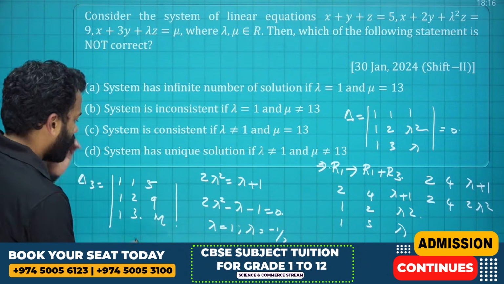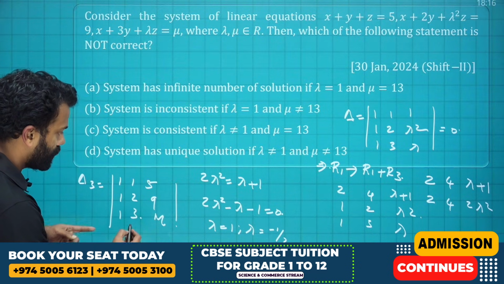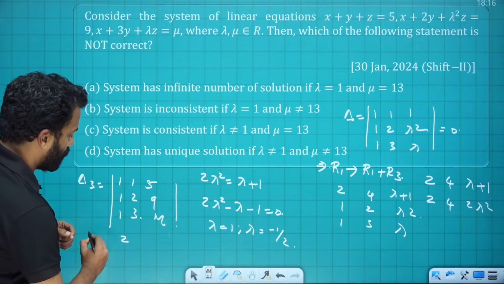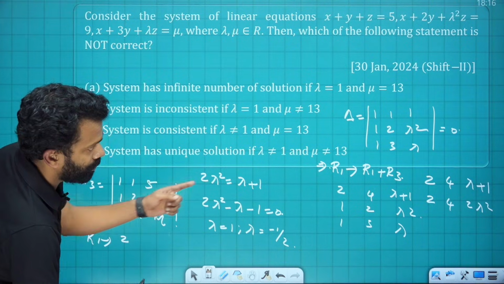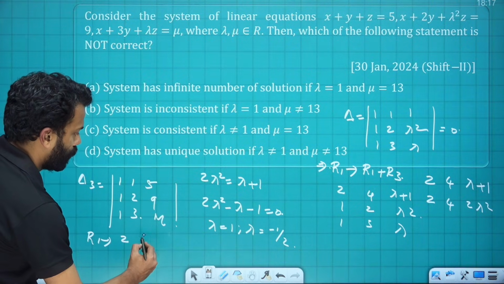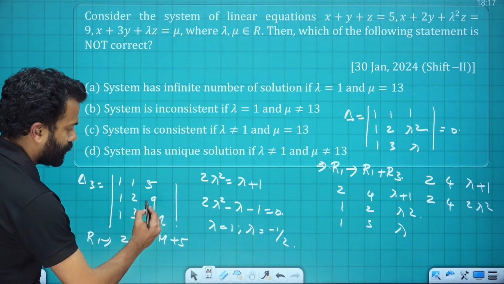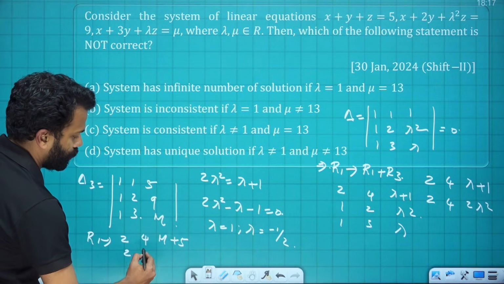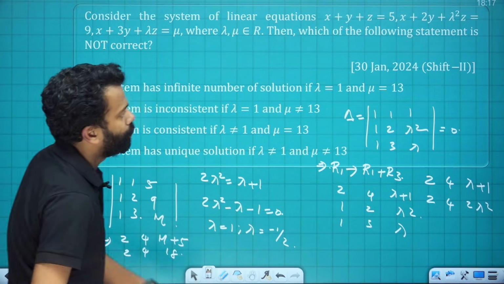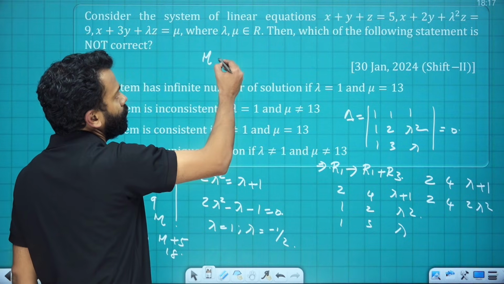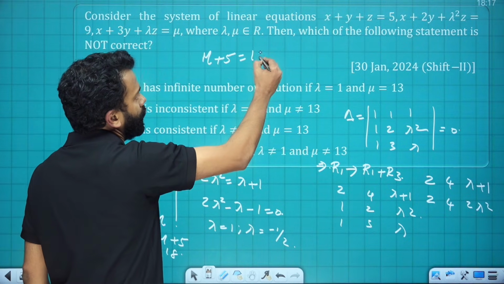R1 changes to R1 plus R3, so this becomes 2, 4 and mu plus 5. If you multiply the other row by 2, this should be the same, that is 2, 4, 18. So mu plus 5 should be equal to 18.